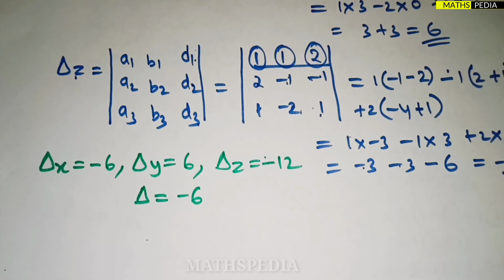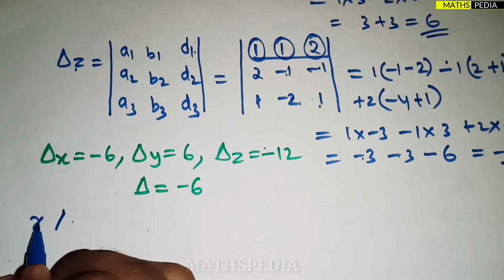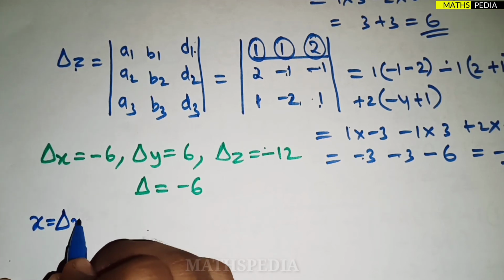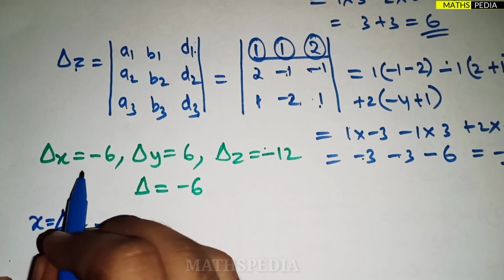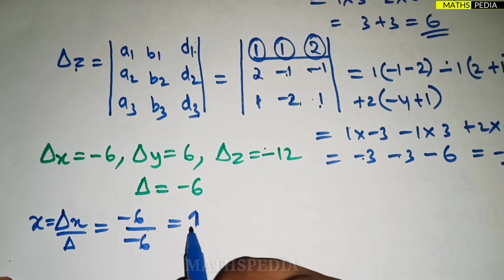The last and final step is to find out the values of the x, y, z variables. Okay, I have written all the values over here. Now in order to find the x value, x is nothing but delta x by delta. Delta x value is minus 6 by minus 6, this is 1.